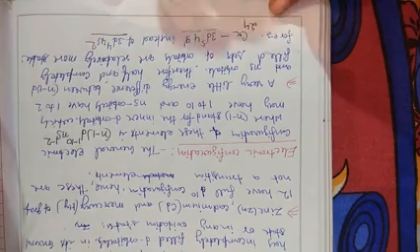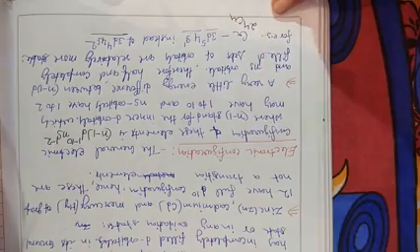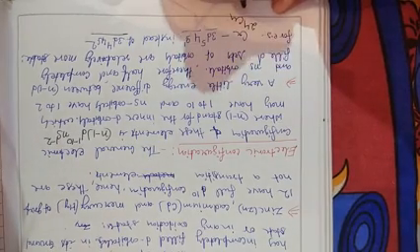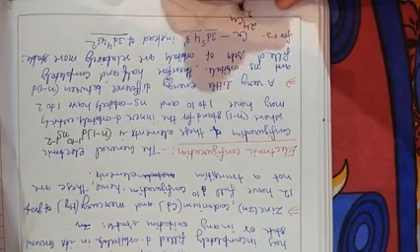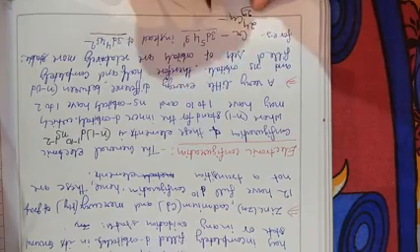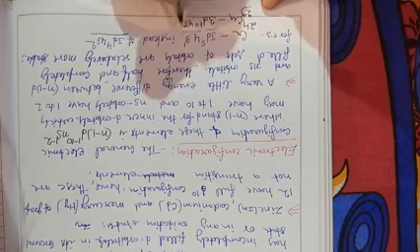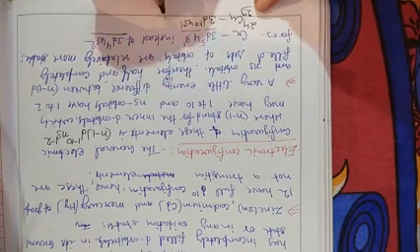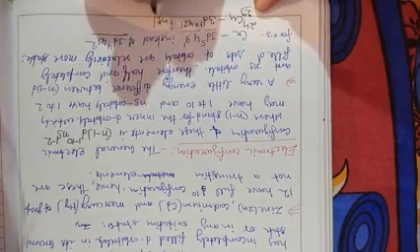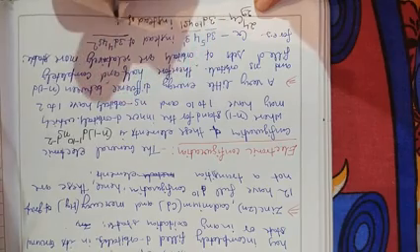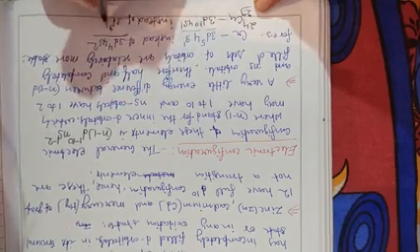Okay, similarly copper, Cu, atomic number 29. Its stable electronic configuration is 3d10 4s1, instead of 3d9 and 4s2.